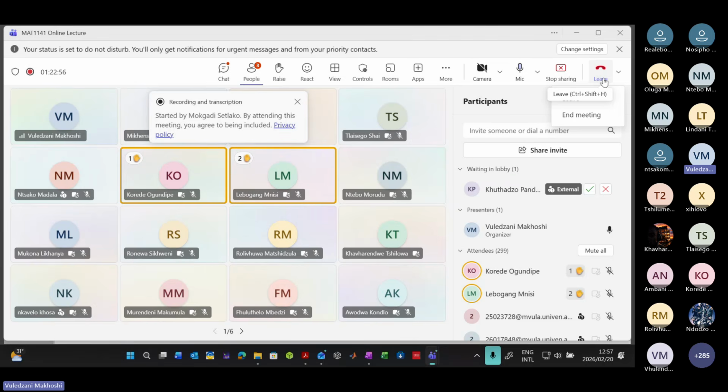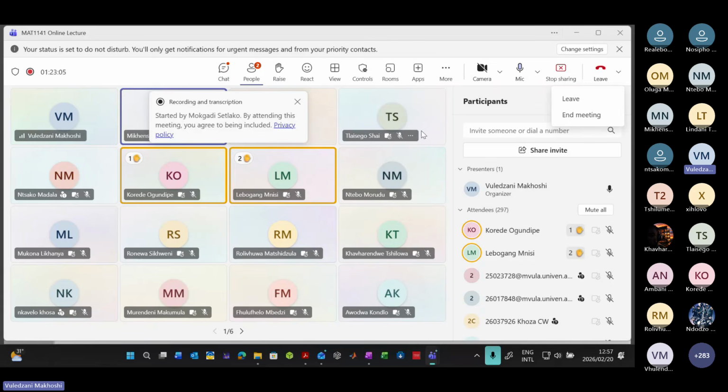Don't worry about that for now. We will show you, or I will see what I can do. But don't worry. That one does not necessarily count as such.